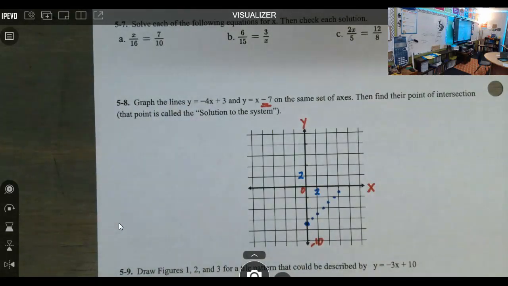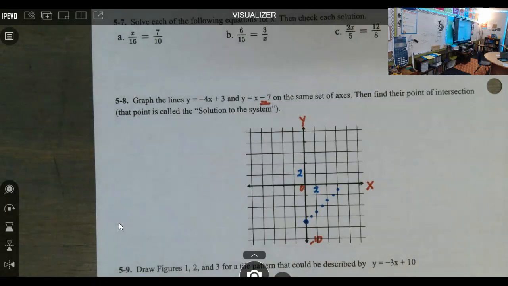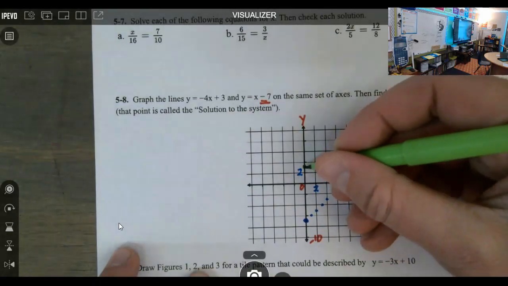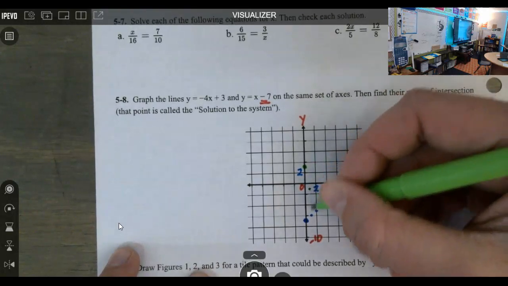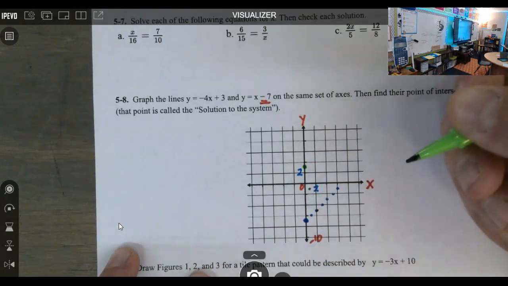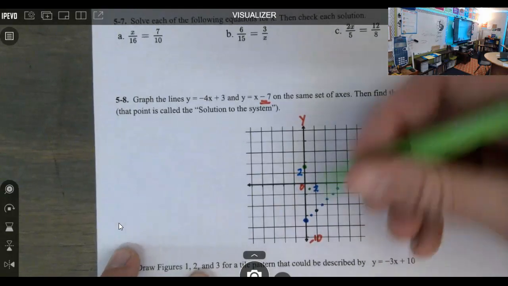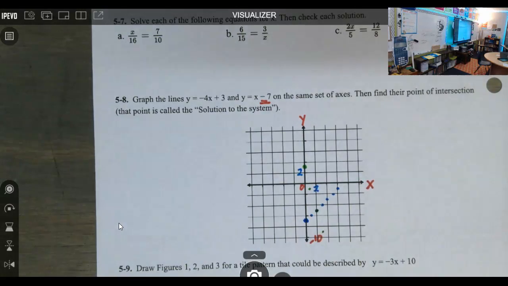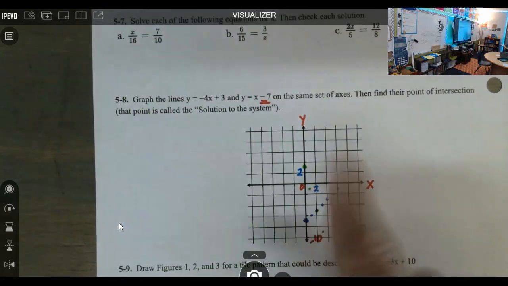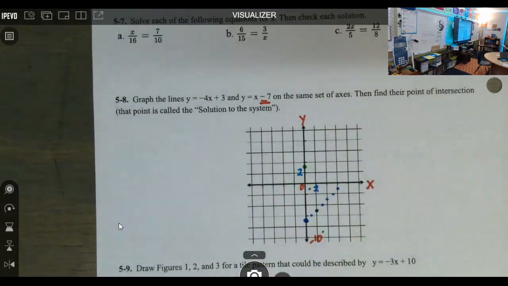So if I'm doing my -4x plus 3, y-intercept at 3, down 4 over 1, down 4 over... hey, there we go. Here's my intersection point, down 4 over 1. Or get graph paper. If you want to make a different graph that is scaled 1 to 1, just get graph paper. You can always attach graph paper to your homework.